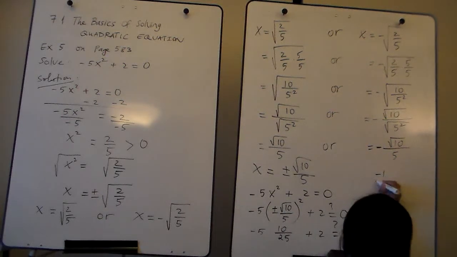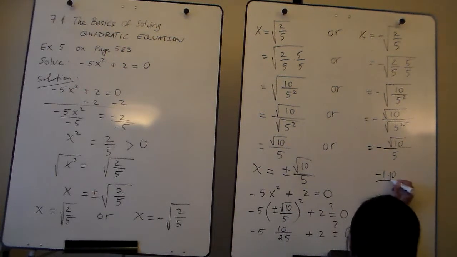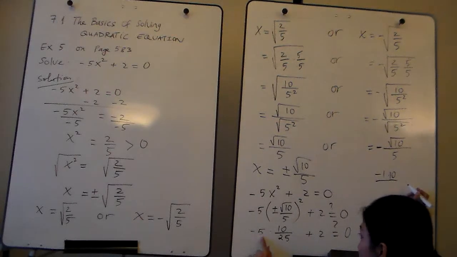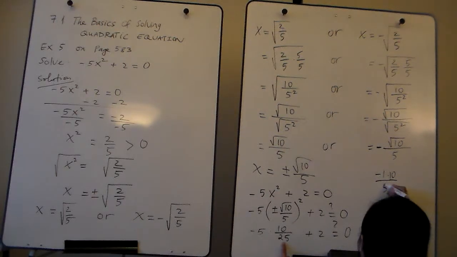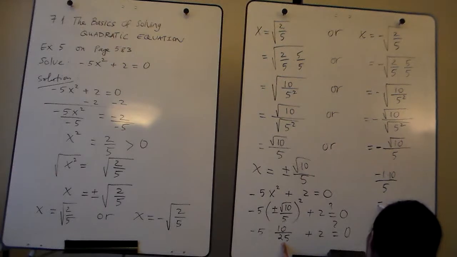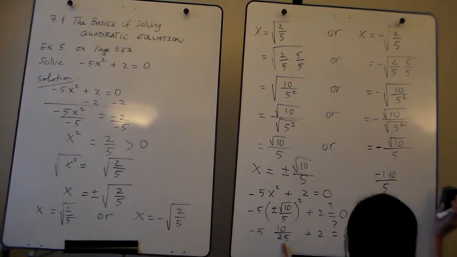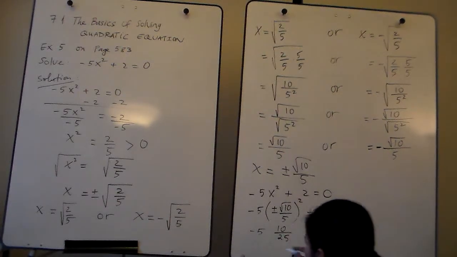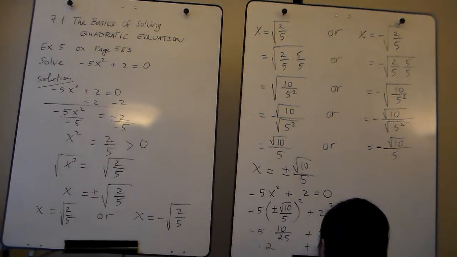So negative 1 times 10, okay? 5 divided by 25 is negative 1 times 10 divided by 5. So actually it simplifies to negative 2. Okay? So all these multiply, you get negative 2 plus 2 equals 0?